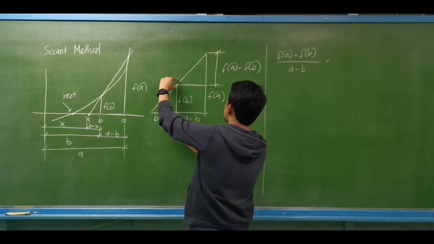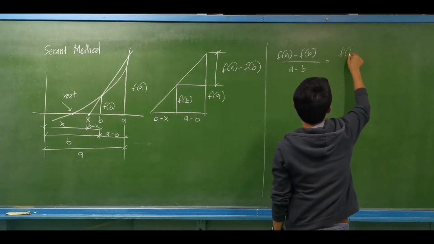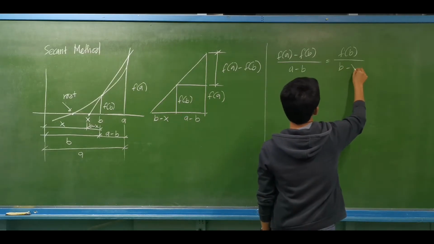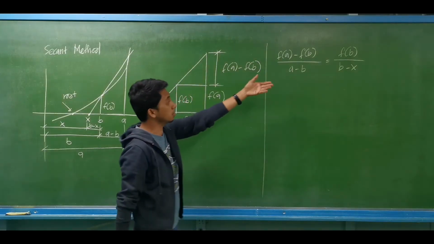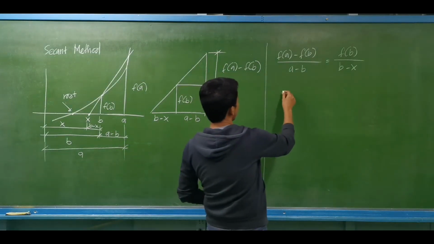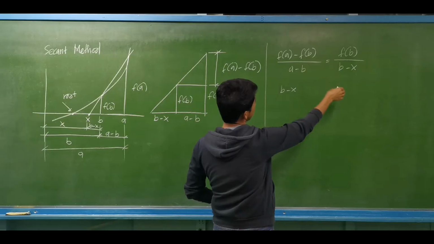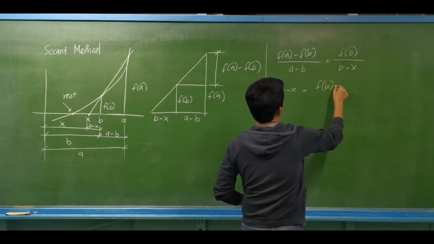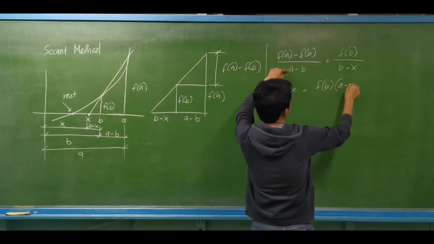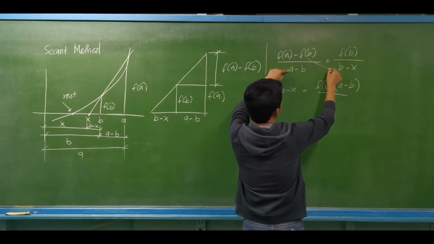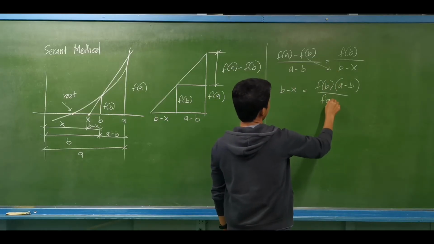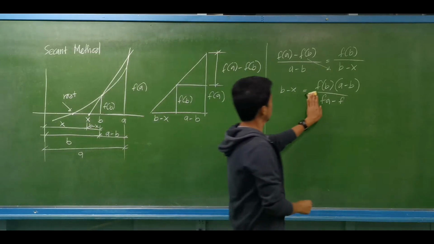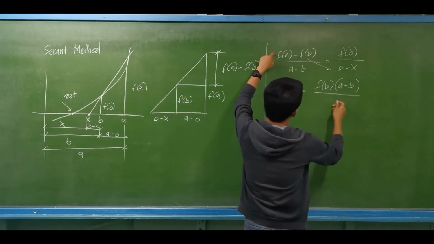is equal to this height f of b divided by this distance, b minus x. Solving for x by cross multiplication, b minus x is equal to f of b multiplied by a minus b, and I'll bring f of a minus f of b to the denominator.